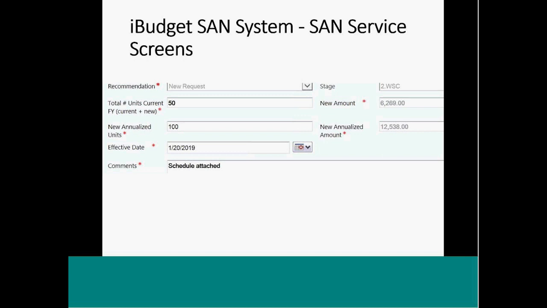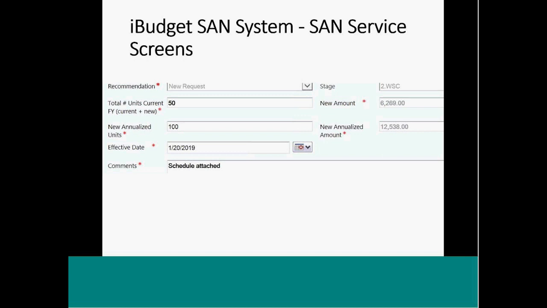Now, if it's a service that's ending, so for example, maybe they had an assessment, don't put 0 there, because that budget is automatically calculated based on the units that you put here. So if the client's already been provided an assessment and you put a 0 there, that money's not going to show in their budget.